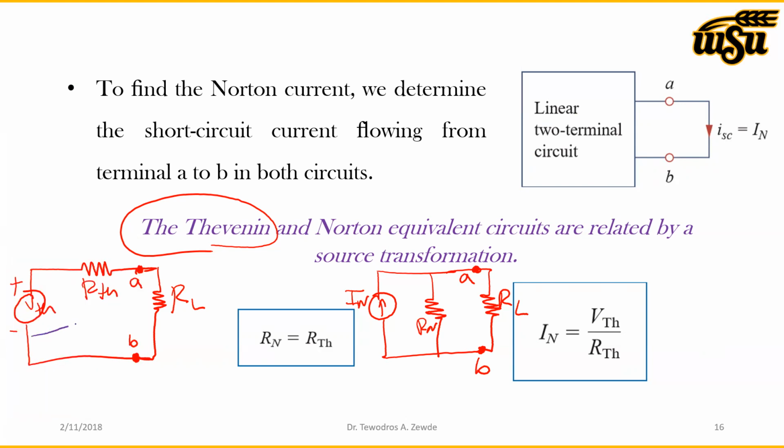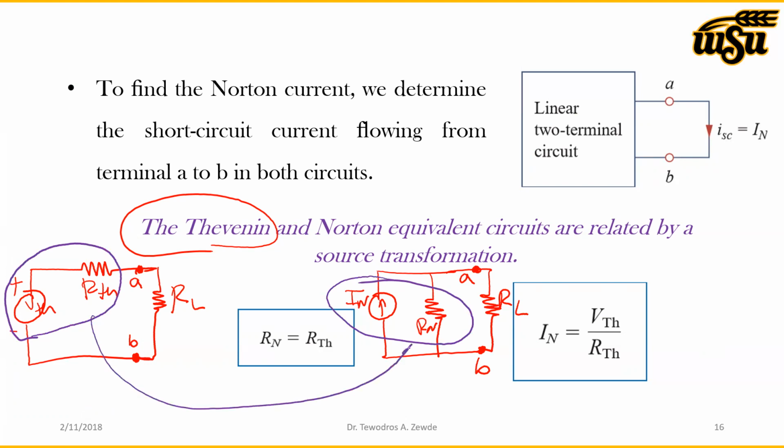You can see that the voltage source is connected in series with the resistance RTH, and that can be transformed into a current source connected in parallel with the resistance RN. So you can use source transformation to go from this voltage source to this current source, or from this current source to a voltage source, vice versa.